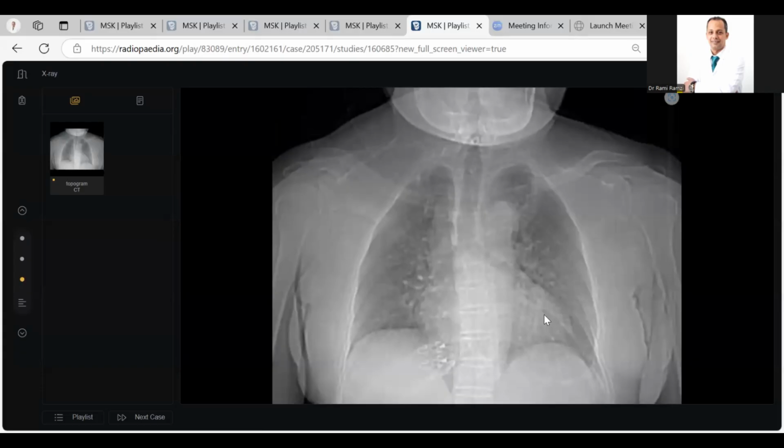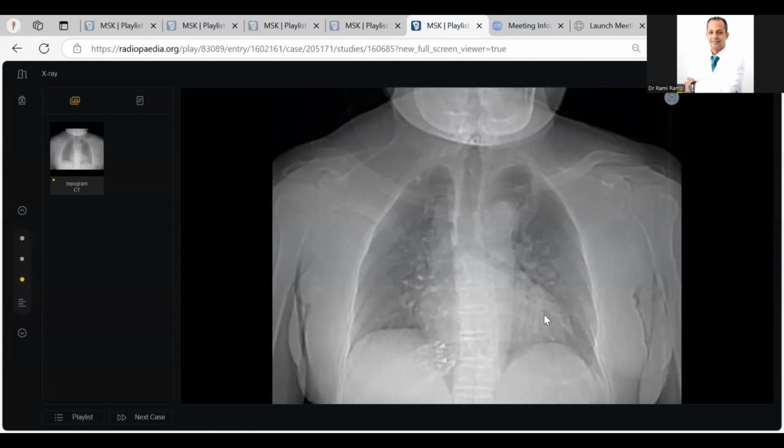X-ray chest frontal projection, an adult patient. This is a scanogram. I can see opacity in the... Look at the bone, please. Look at the scapula, please. Yes, sir.